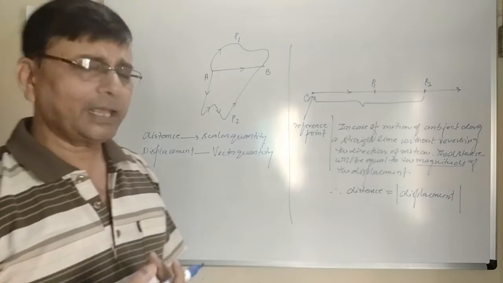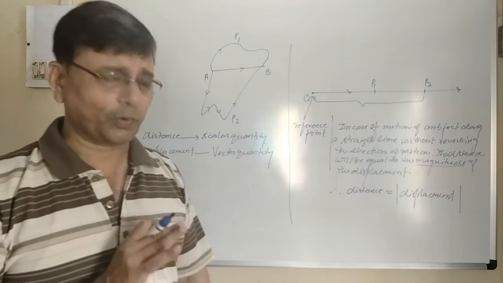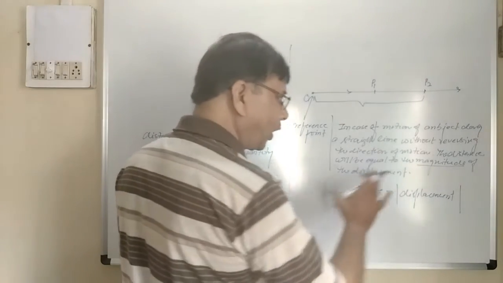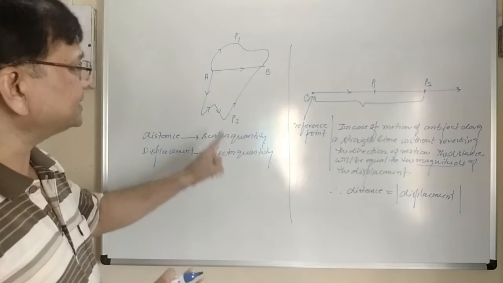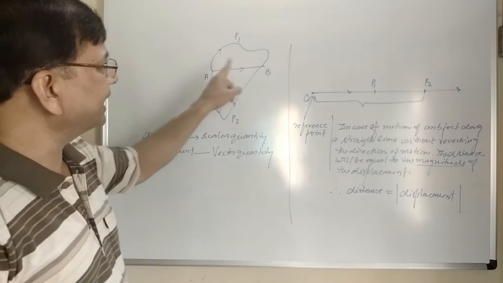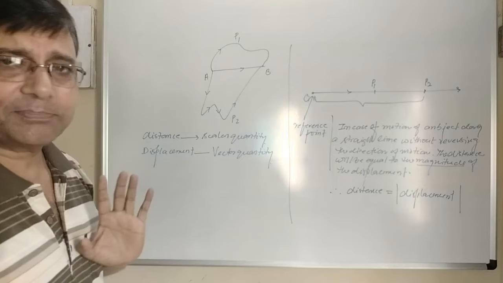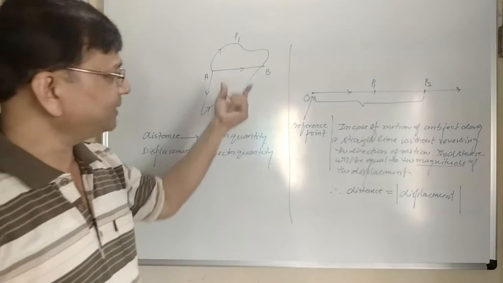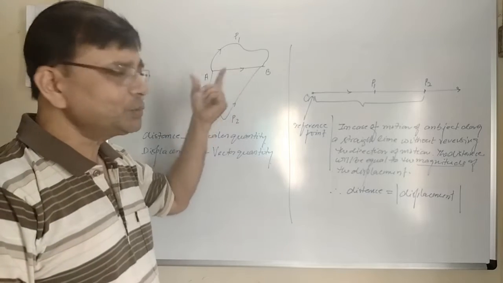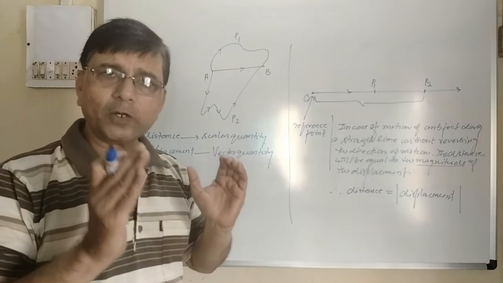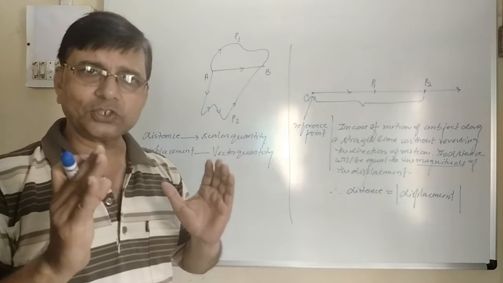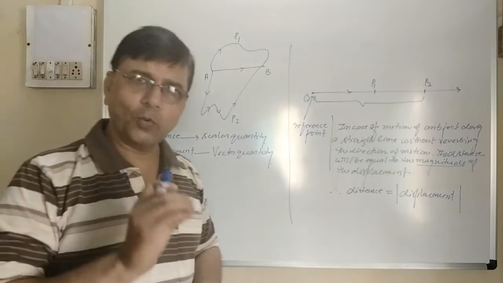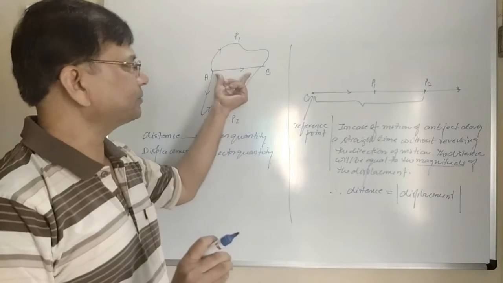Now, under what condition, that too should be known. Distance is always greater than the magnitude of displacement in the other case, because the length of the path is longer, while the magnitude of the displacement is the shortest distance. Since it is the shortest, the rest of the lengths will definitely be more than this shortest path.